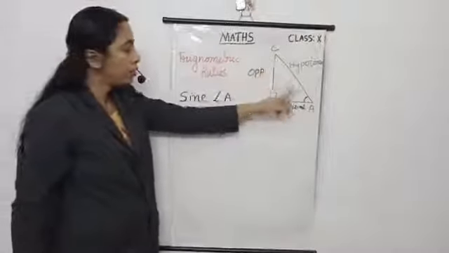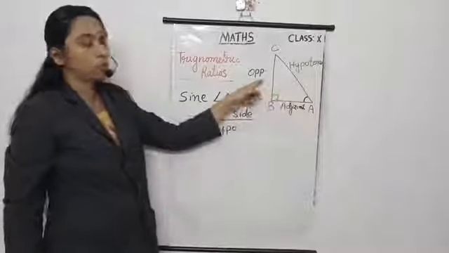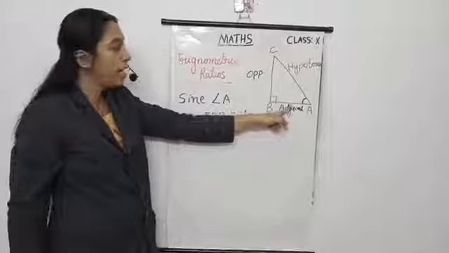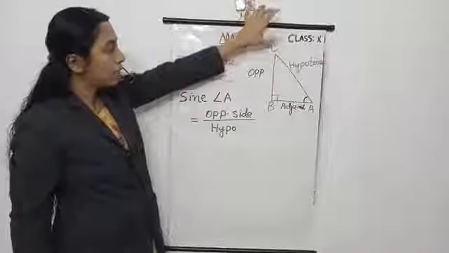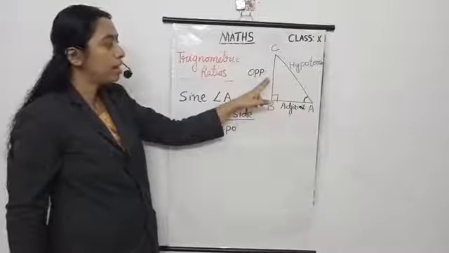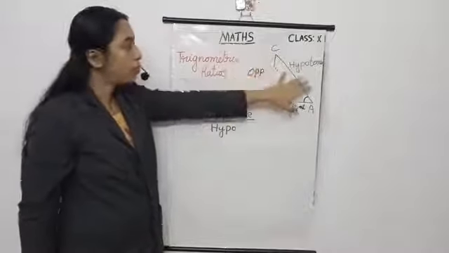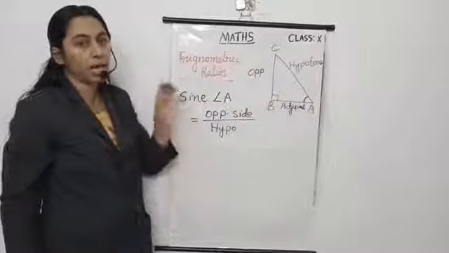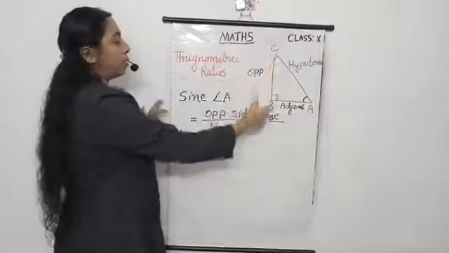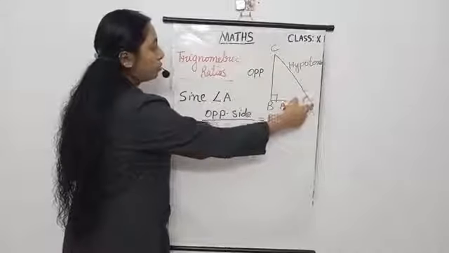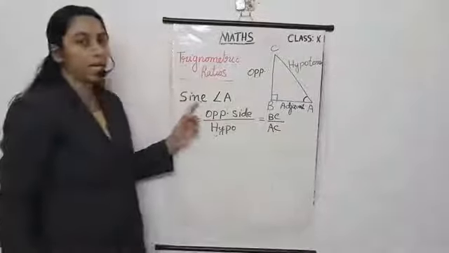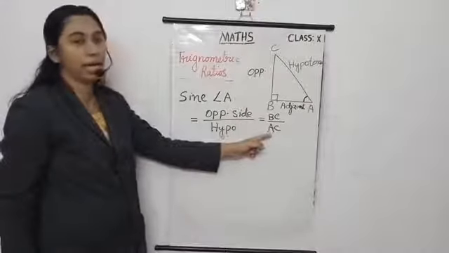If we take angle A, then this side is opposite to that angle and this side is adjacent to angle A. If we take angle C, then this side is opposite to angle C and this side is adjacent to angle C. The hypotenuse is always fixed. The opposite side of angle A is BC and the hypotenuse of this right triangle is AC. So sin A equals BC by AC.